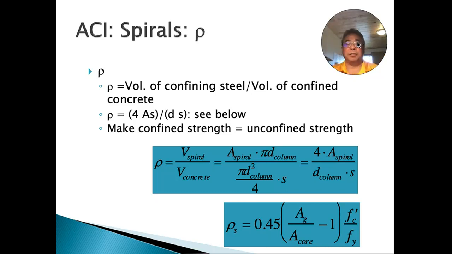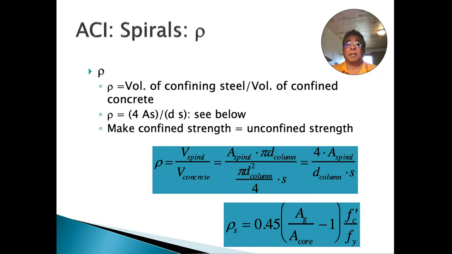And if you're good with geometry, the volume of the spiral is one circle around. It's slightly longer because it's a helix, but we're just going to say the spiral is about that long, pi times d, times the area of the spiral. That's the volume of the spiral.